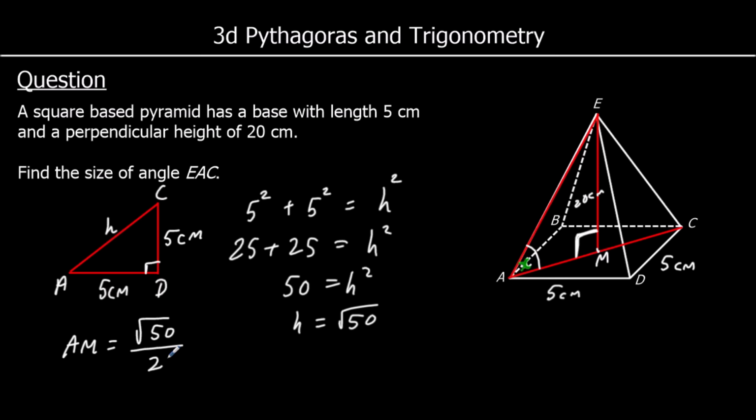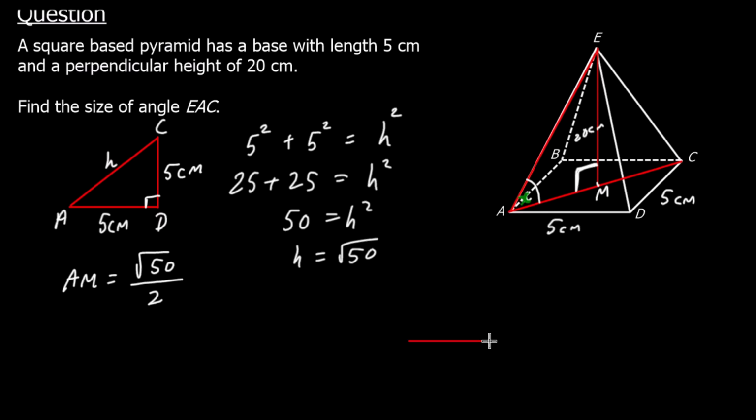And now we've got our right angle triangle. So we know all the information that we need. So AME is our right angle triangle. We know it's 20 centimeters tall, and A to M is root 50 over 2.